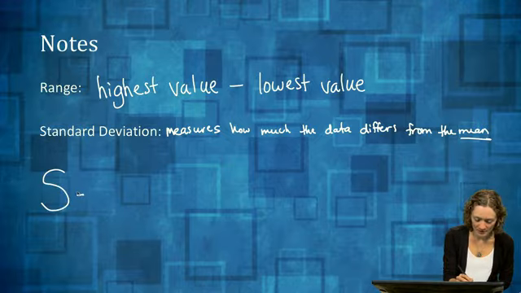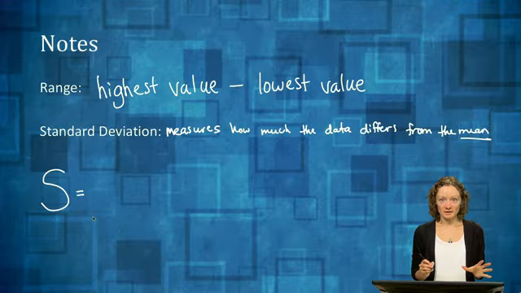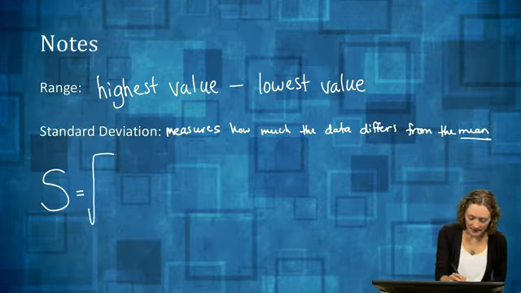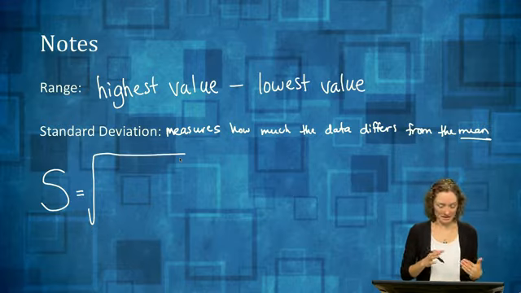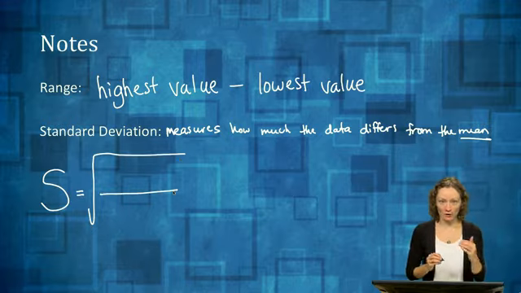S is the variable that we see. And I'm going to write down the formula first. It looks like a very complicated mathy formula, and it kind of is. But I promise each piece is really easy to be broken down. So underneath the radical, we have a fraction.